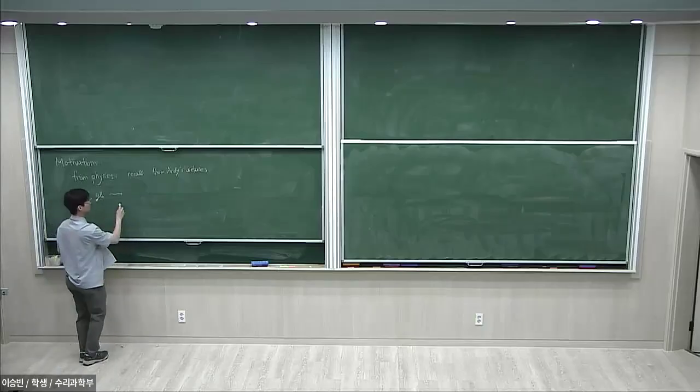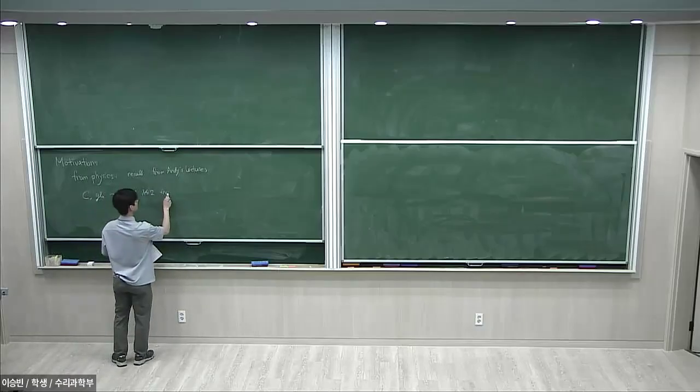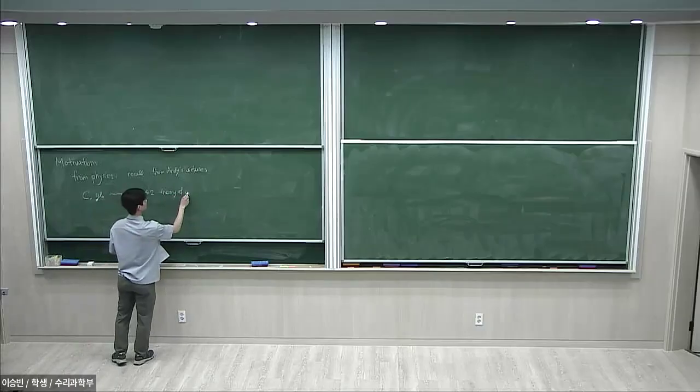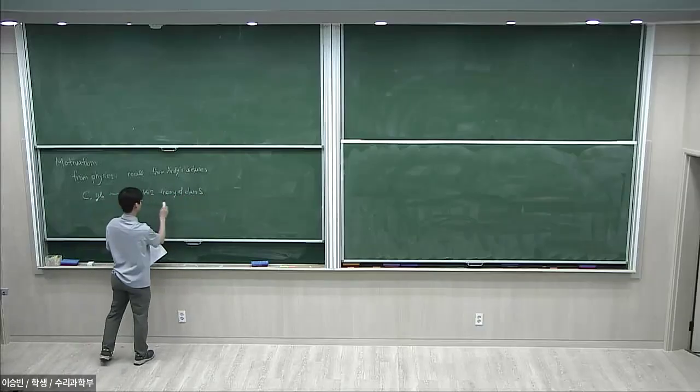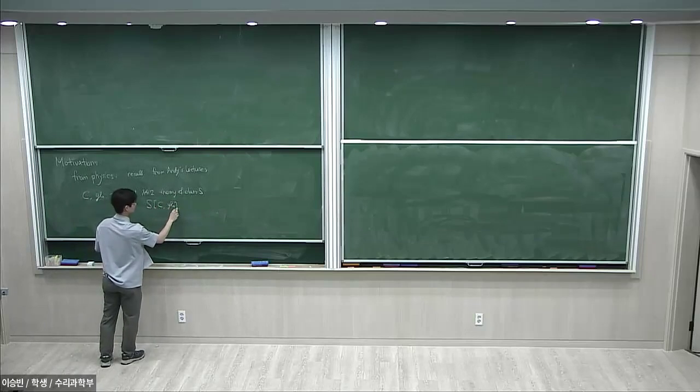There's some 4d N=2 theory of class S, denoted S of Riemann surface, GL_N.